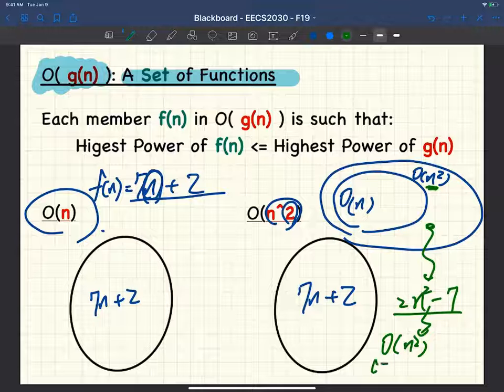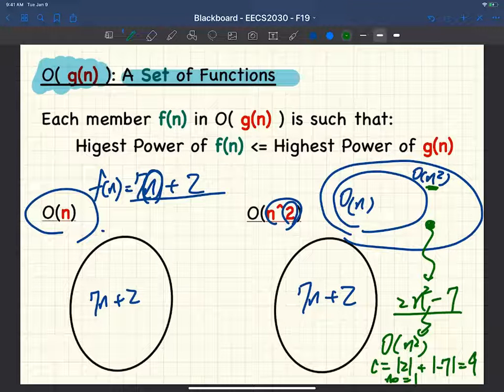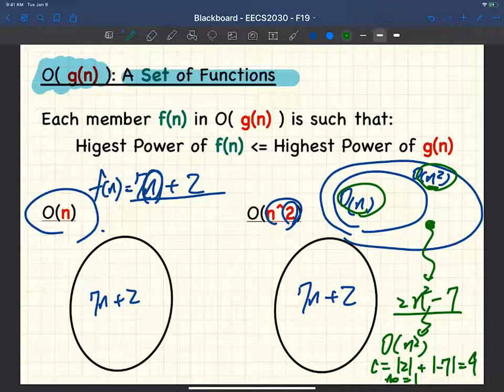So choose C to be 2 plus the absolute value of minus 7, you will get 9. And that's guaranteed to hold starting from n0 equal to 1. Okay? So for this particular one, it's going to be big O of n squared. However, it's not big O of n. It doesn't matter how large the C you choose, because the highest power is strictly smaller, so it's not going to work.